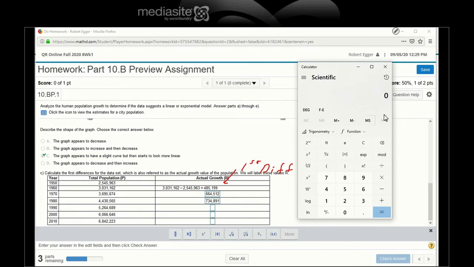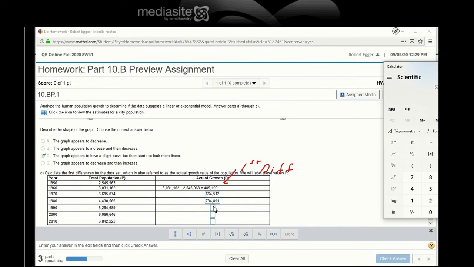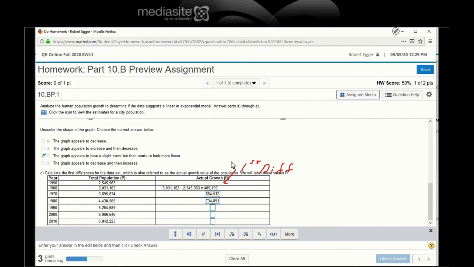1990 minus 1980. 5,264,689 minus the 1980s, 4,430,565, for 834,124.